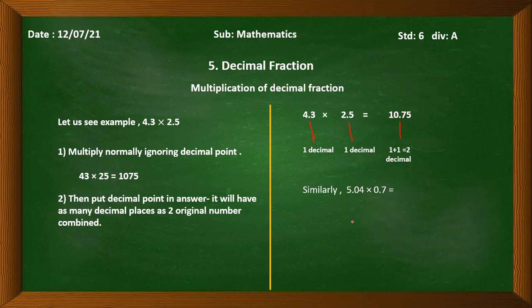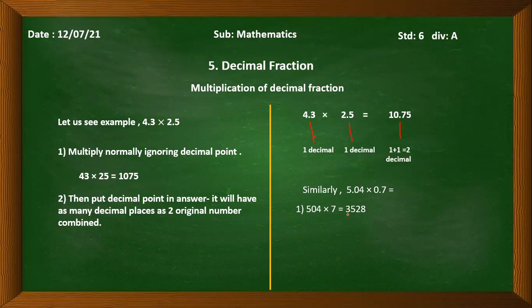So similarly, we will solve 5.04 multiplied by 0.7. So we will do this by using the first rule. What is the first rule? That is multiply normally ignoring the decimal point. So we'll multiply it ignoring the decimal point. So the answer is 3528. Okay.